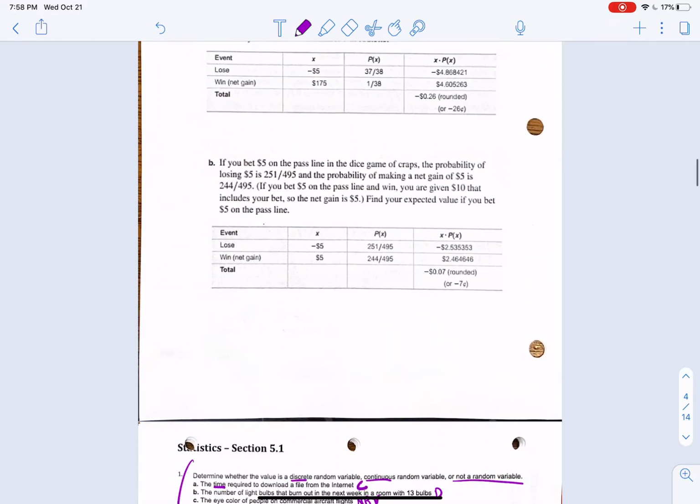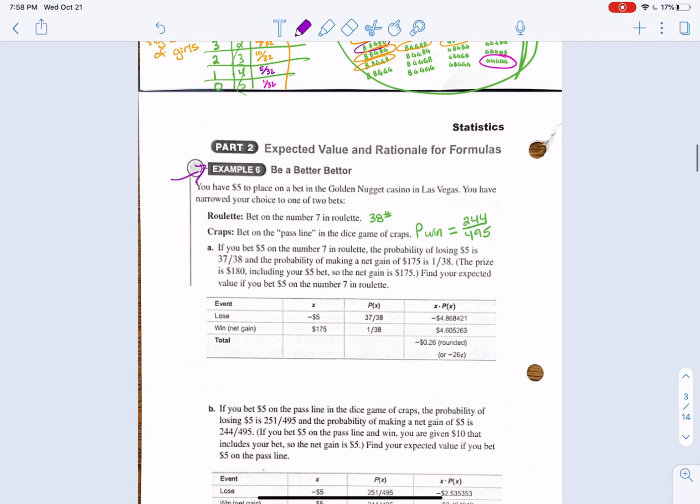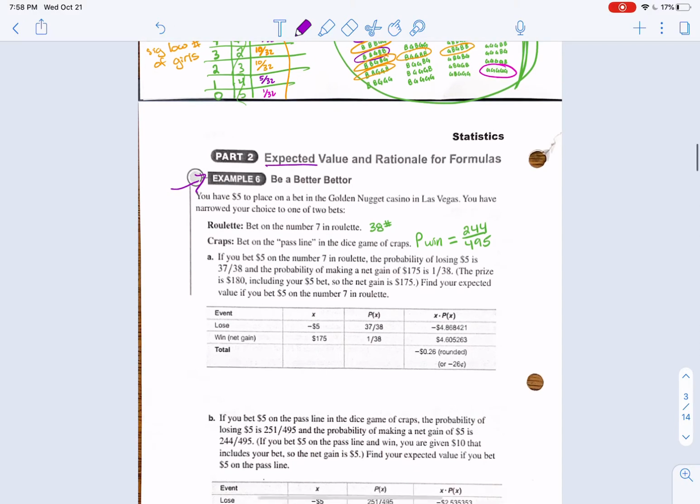So this first thing is talking about expected value. This example is talking about expected value, and expected value is what, given a scenario, you can expect to happen. A lot of times this breaks down into gambling or things like that. When you're gambling or putting money into a pot, how much can I expect to gain?